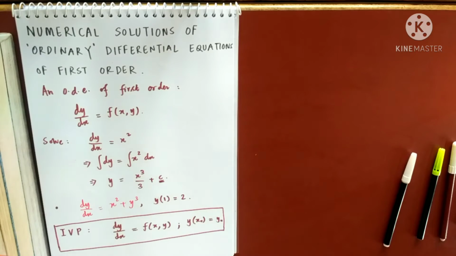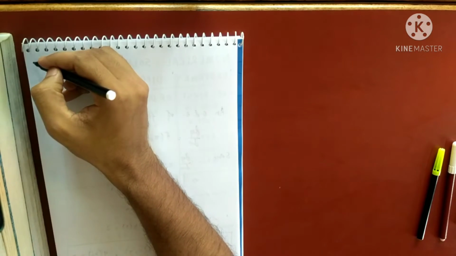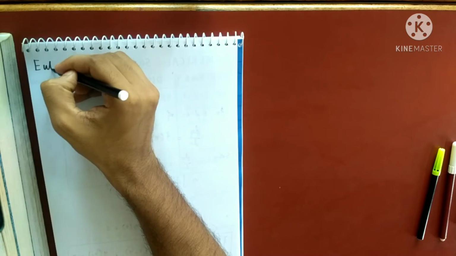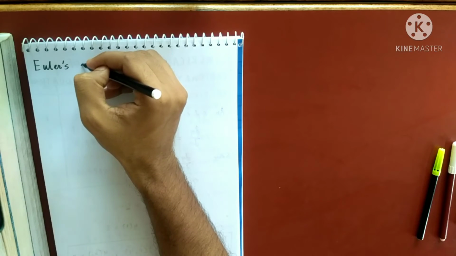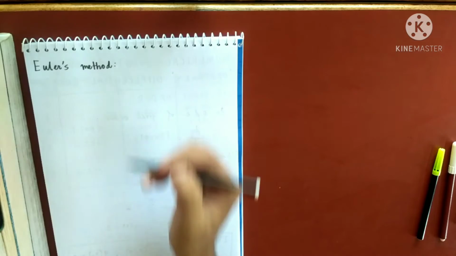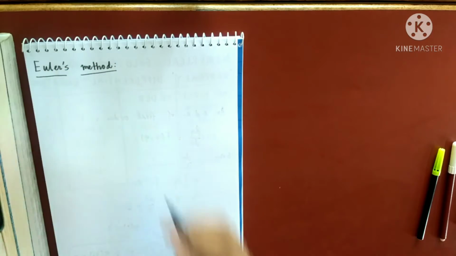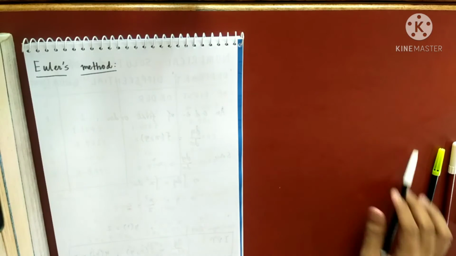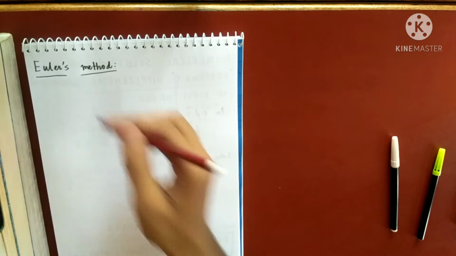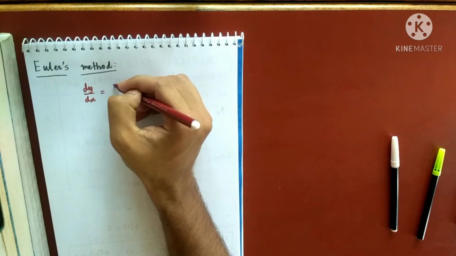Any doubts up to here? So the first and the basic numerical method available to us is known as Euler's method. This is never pronounced as Euler, it is always pronounced Euler. Okay, so this is Euler's method. So our aim is to find a solution to this differential equation.